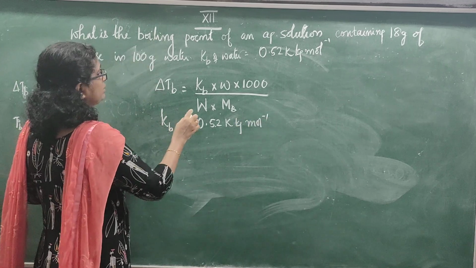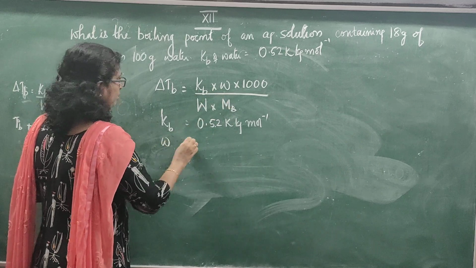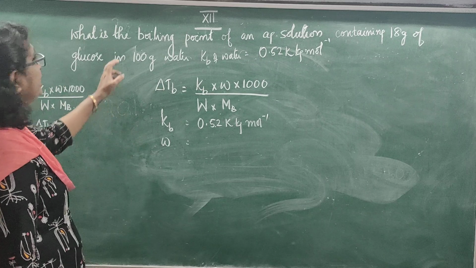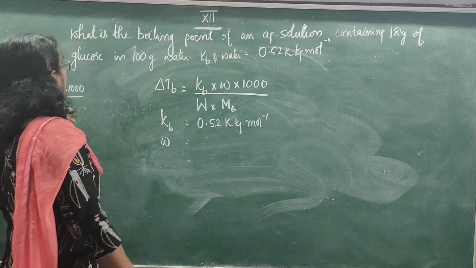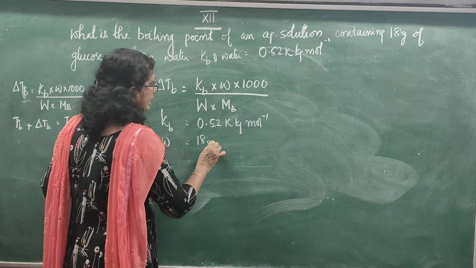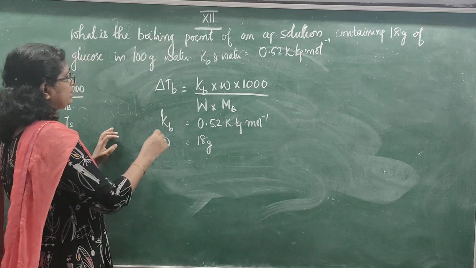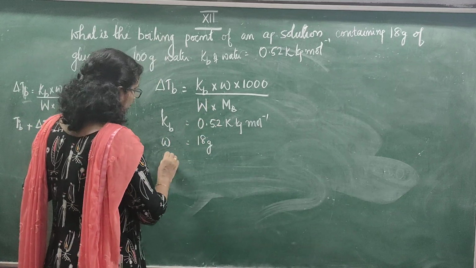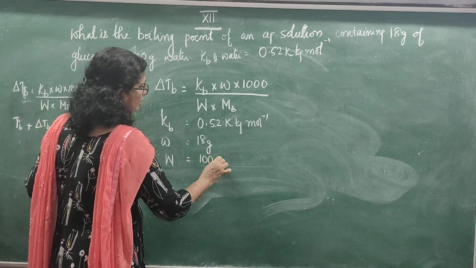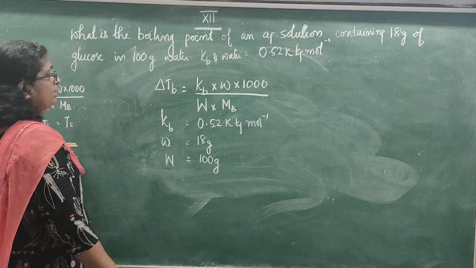Now next is small w. What is small w? Weight of solute. Is it given? Yes, 18 gram of glucose is dissolved in 100 gram of water. That is 18 gram. Then what is capital W? That is weight of solvent, equal to 100 gram.